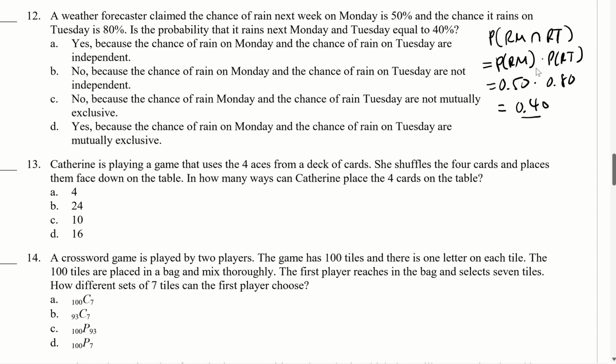So there's a relationship here, and so they're not independent. So this is not true because they're not independent. Okay, so we have to realize that for that question. It's just the idea of they're not independent. Okay, so no, because the chance of rain on Monday and chance of rain on Tuesday are not independent. They depend on each other. All right, so number 12 is B.